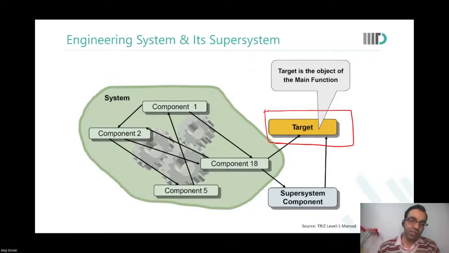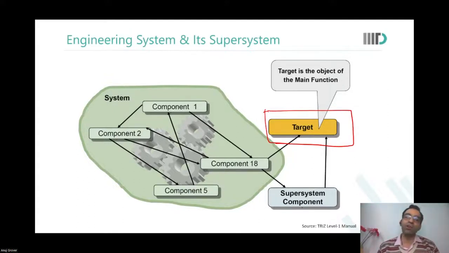So in the context of the car, the main function is moving passengers and cargo. Do you realize both are targets? Both are outside the system, both are not a part of the car, and both of them will be called targets. They are super system components.